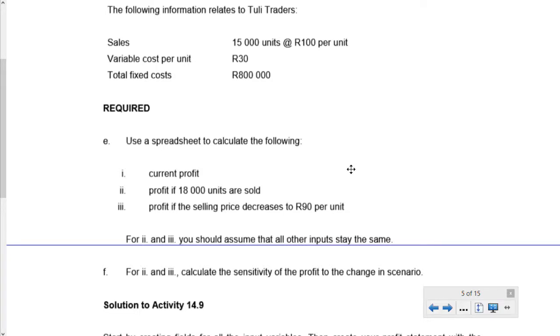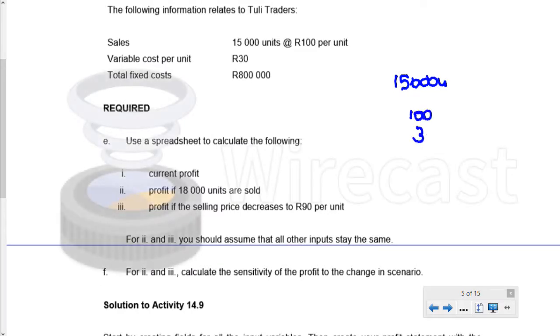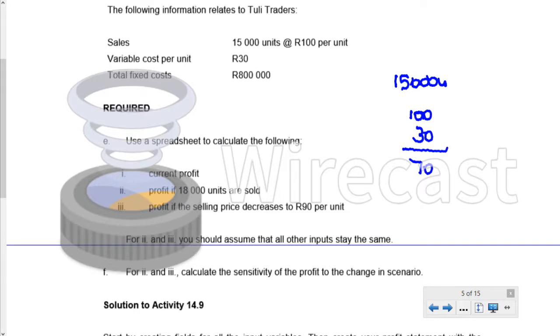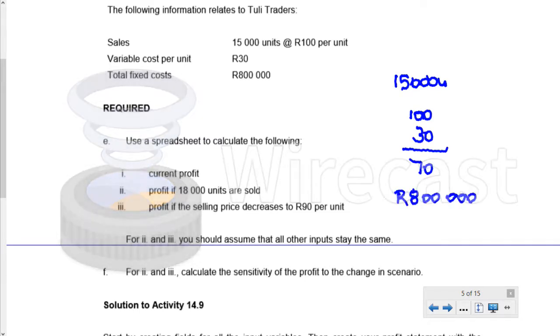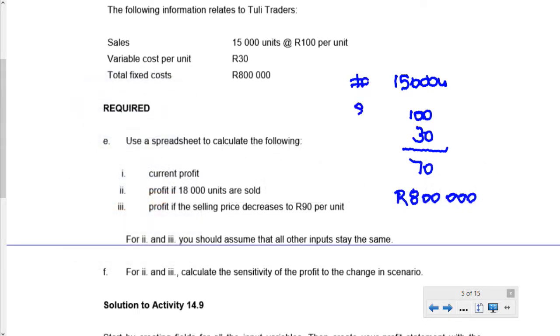So if I do a CVP thing, it's 15,000 units. I like to put the units at the top. And then it's 100 Rand selling price, 30 Rand variable cost, 70 Rand contribution, and fixed costs 800,000 Rand. So that's number of units, selling price, variable cost, contribution, fixed costs.